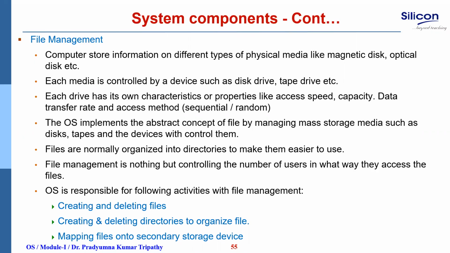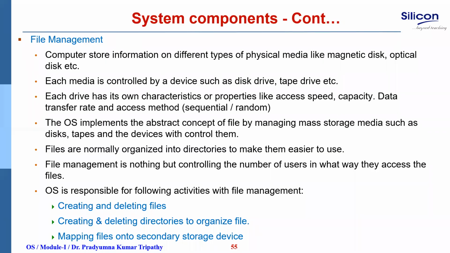So we have a virtual or abstract means of managing those. Files are normally organized into directories to make them easier to use. We do not usually keep all the files inside one directory, rather we keep them in multiple directories so that it is easier for us to locate them.